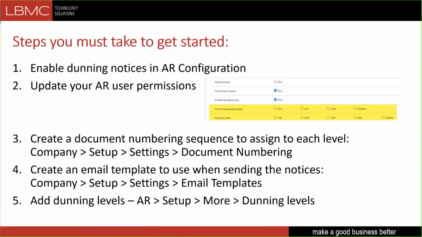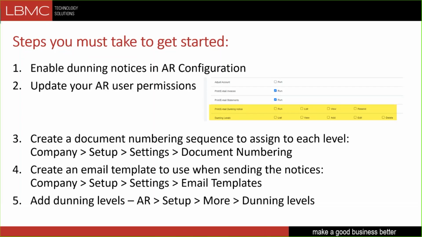In order to print or email dunning notices, you need to give yourself and/or the AR staff member permission to do those things. And then whoever is going to be determining the dunning levels and setting those up would need the permissions on the second row.